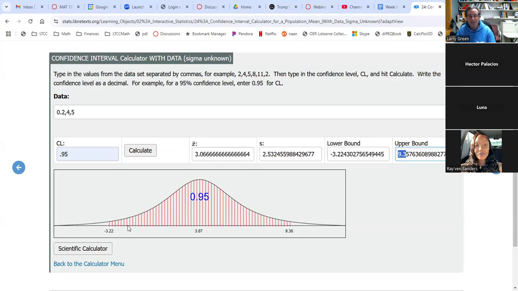If we're saying that we're 95% confident that the average distance is between negative 3.22 and 9.36 miles, then people are going to think the range should be in there somewhere. That's what we're going to say in the news: somewhere between 0 and 9.36 miles is where people live from their nearest friend. But actually, it was 12 miles. It was wrong. You see that?